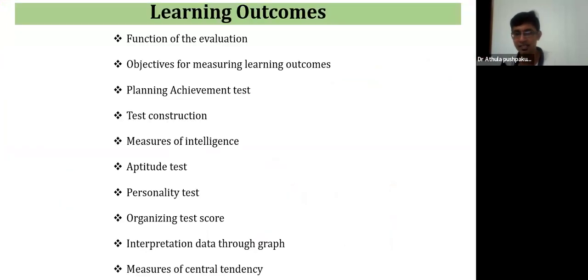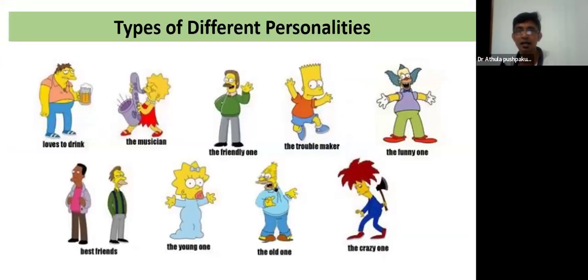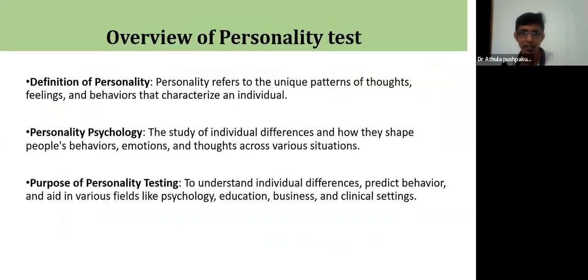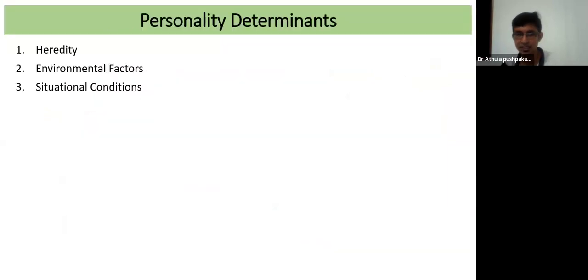Initially, the summary: now we are in the 7th chapter, personality test. Initially, we identified personal differences, because of different personalities, and we defined it. After that, the purpose of personality testing, and we also discussed the various determinants.